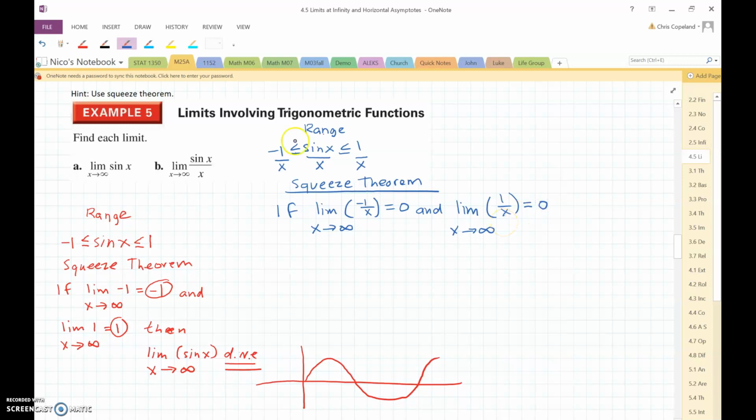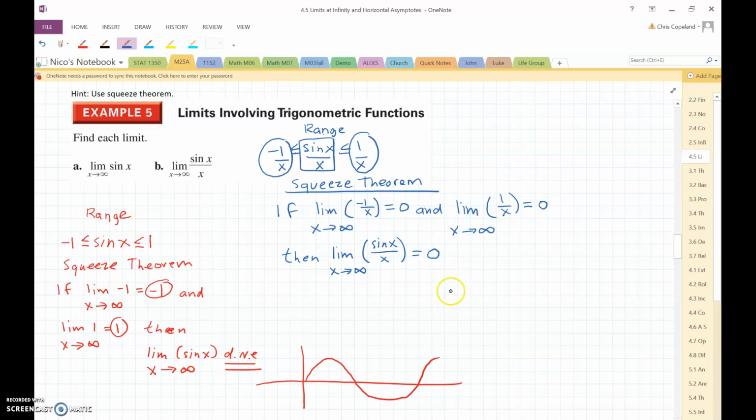Okay, since these two functions are both going to 0, and the sine x over x is being squeezed in between them, and both of those functions equal 0, then by the squeeze theorem, the limit of sine x over x as x goes to infinity must be equal to 0.